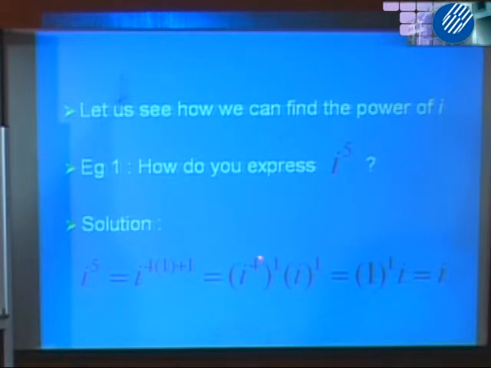So now I can say i power 4 power 1 times i power 1, using the concept of exponential form. Now this i power 4 is equal to 1, and 1 power 1 times i will lead to i. That's the value of i power 5.